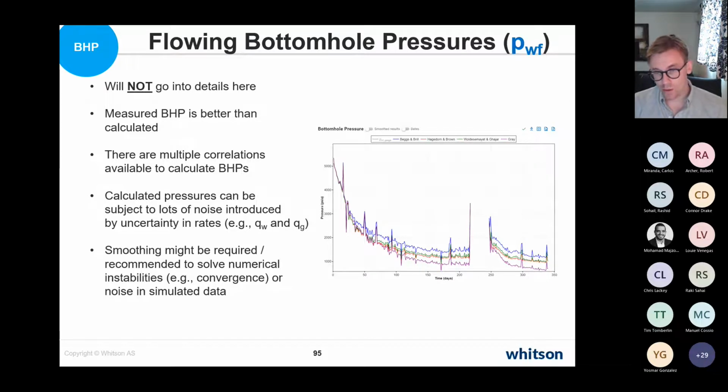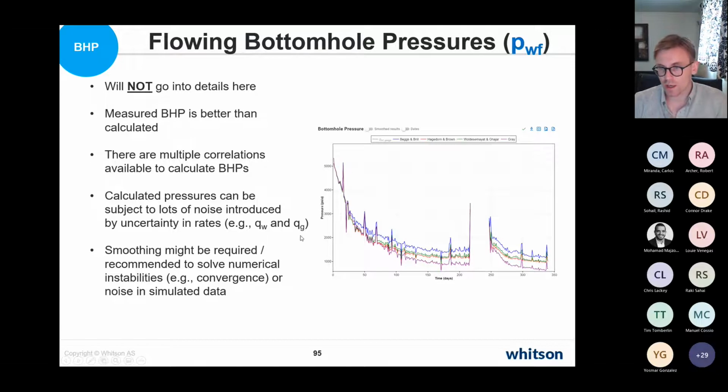Many times, as we also do in the software, we allow you to automatically smooth the bottom hole pressures. The smoothing might be required, or many times recommended, at least for numerical modeling. If you are running a model and your well control is on bottom hole pressure, then you would like to at least remove large spikes like these, which is definitely not a reservoir response.